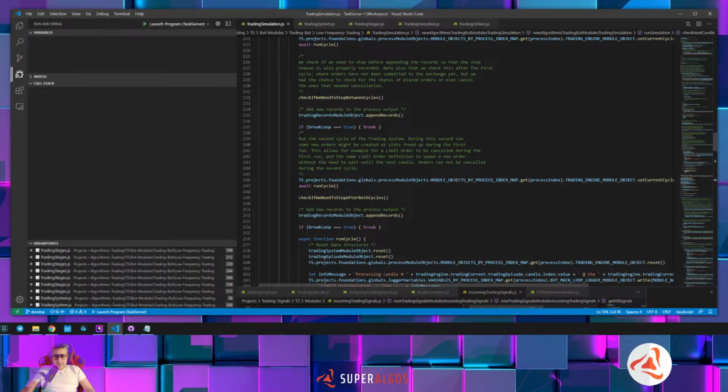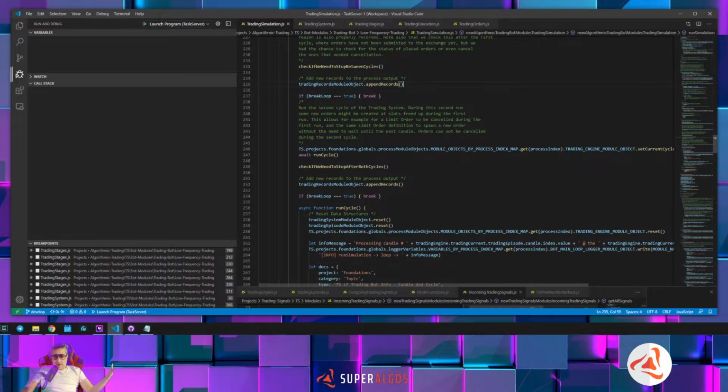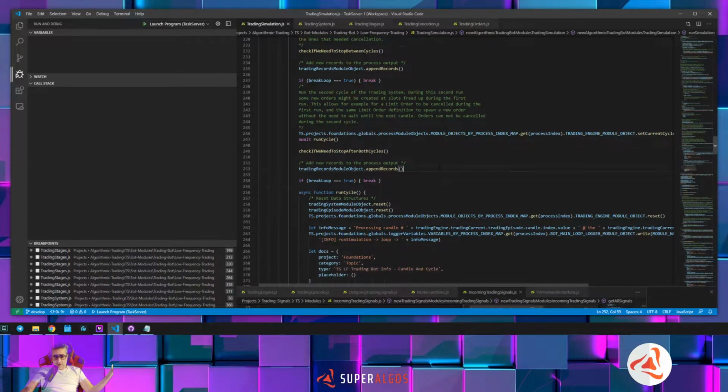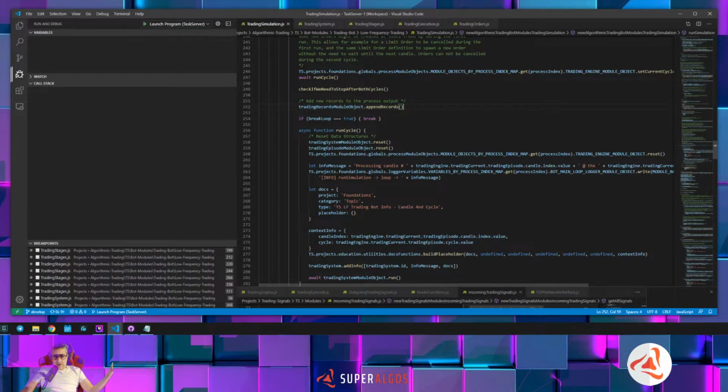So the new stuff that happens is appended to the records. That means the output records. Here too, there is a run cycle.